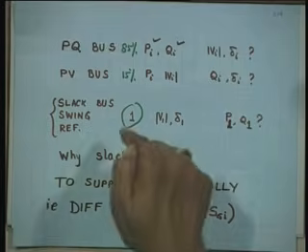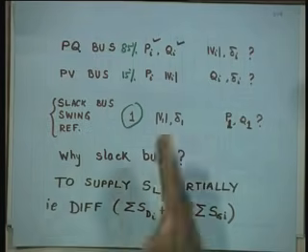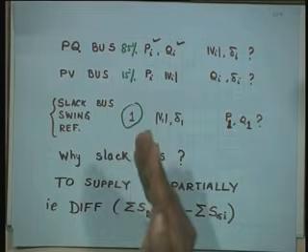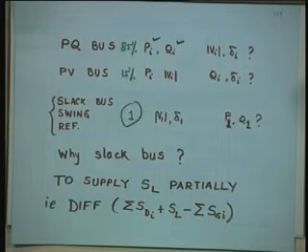First of all, this question is always asked in interviews, in the UPSC, Indian Administrative Service Exam, Engineering Services Exam, NTPC exam, even the GATE exam, which now you do not have to give, you have already gone through that. Why slack bus is a very important question.